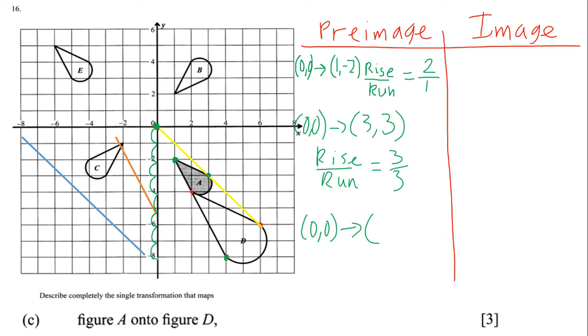So the rise is going to be 8. And the run is going to be, how much is the run going to be? 1, 2, 3, and 4. It's going to be 4.